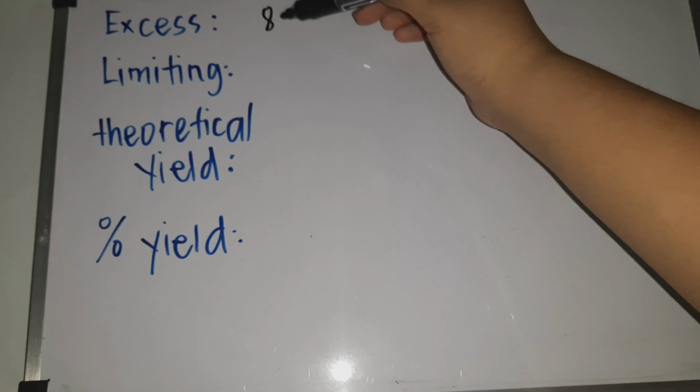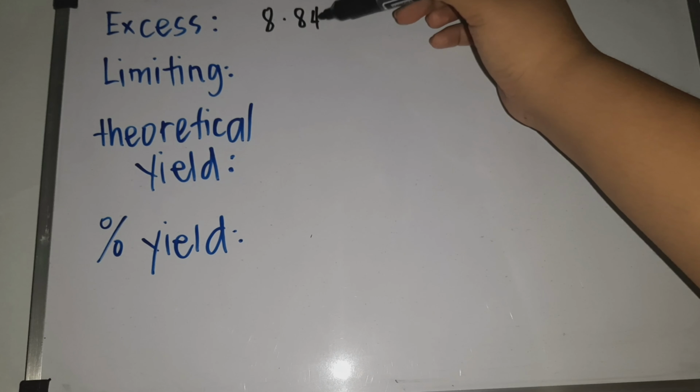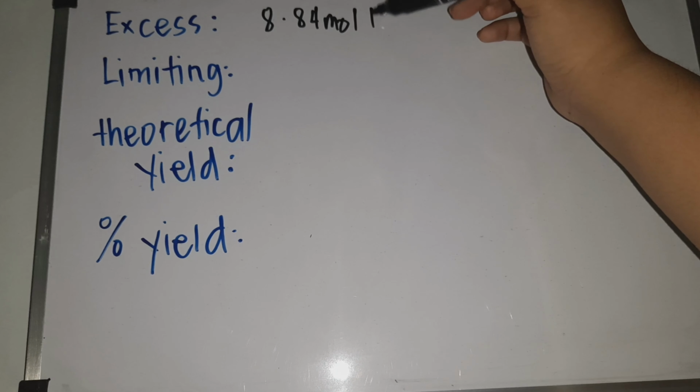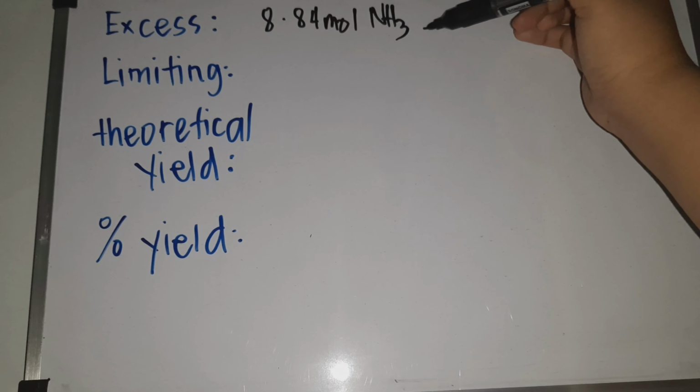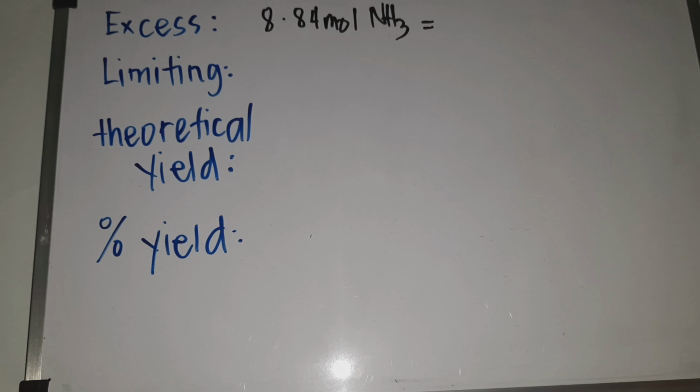Okay, so let's recall our answer. Here in our problem, we are tasked to find the excess, limiting, theoretical, and the percentage yield. Our excess reagent is the one that yields 8.84 moles of NH3, which can be produced only by N2.